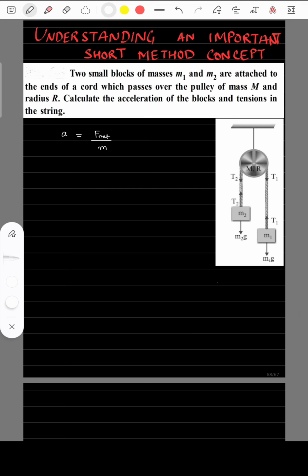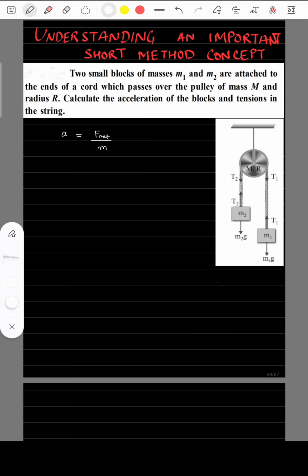We can write m1g minus T1 equal to m1 into a. Alright, for the m2 block, what can we write? This is accelerating in the upward direction, hence T2 is more. We can write T2 minus m2g equal to m2a. This is the second equation.